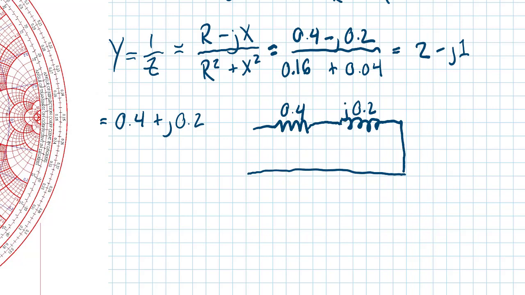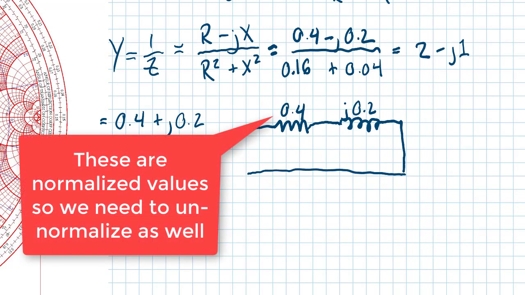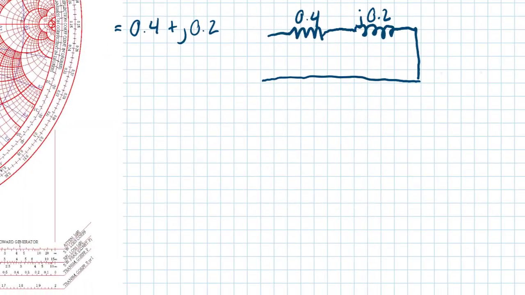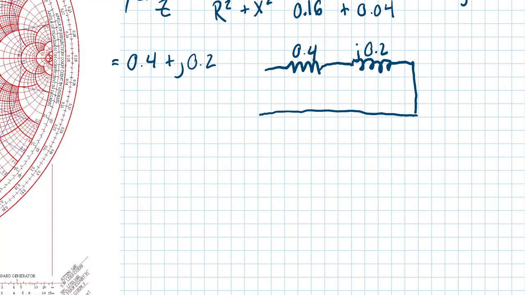And we can calculate what the inductor value is if we know the frequency, because that is a frequency-dependent component. And what we have determined is that the equivalent admittance, or parallel circuit, is 2 minus j1.